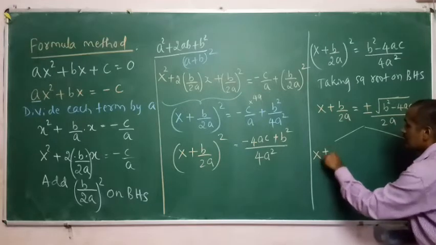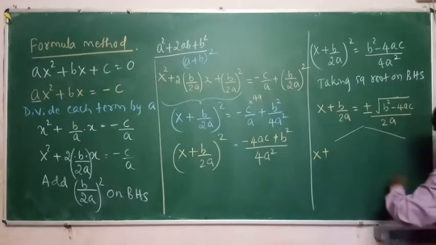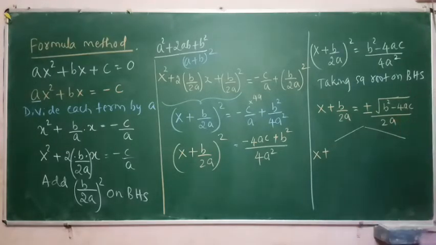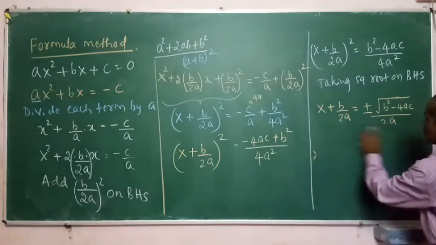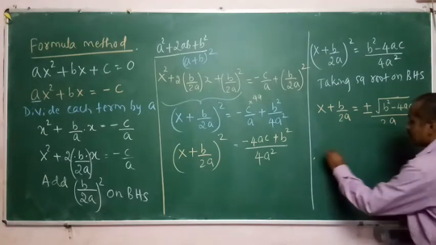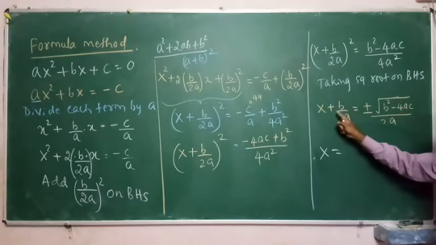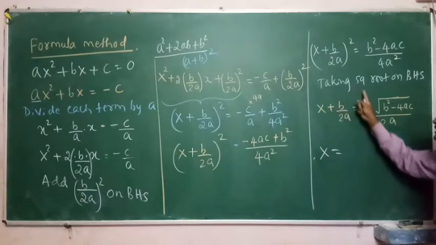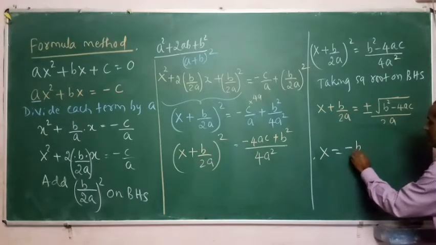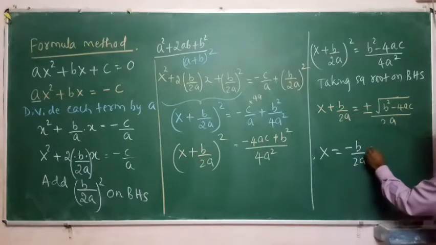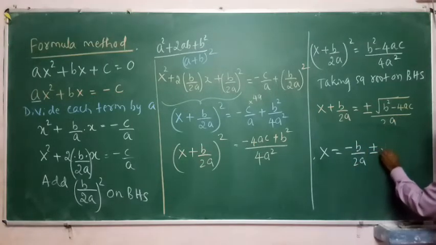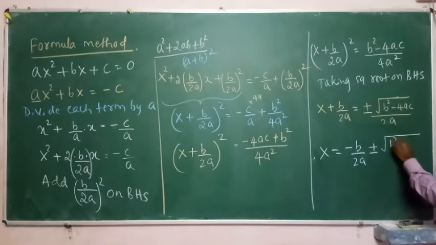From here, I can separate into two parts. X plus... okay, I will not separate them into two parts. I will make a formula. I have to go for a formula. What I will do? X is equal to, I will transfer this to the RHS. Minus b by 2a plus or minus under root b square minus 4ac divided by 2a.